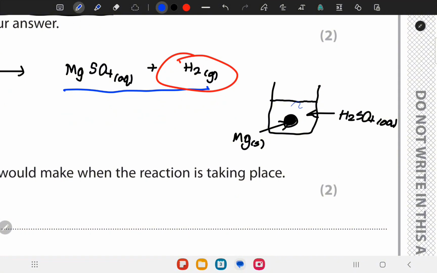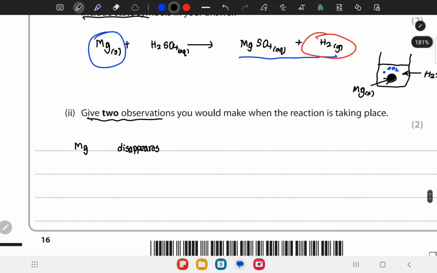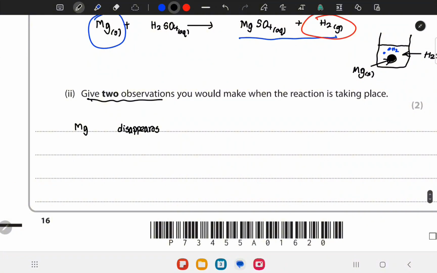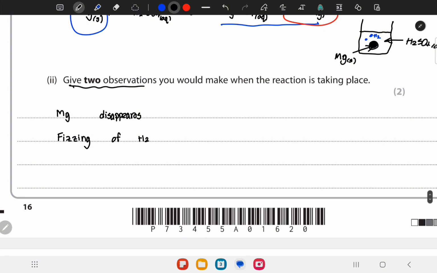If hydrogen is produced over here, there will be trapped gas in a liquid, and this would cause bubbling or fizzing. So we can write fizzing of H2 gas. I don't even have to write it's due to H2, so this part is optional.